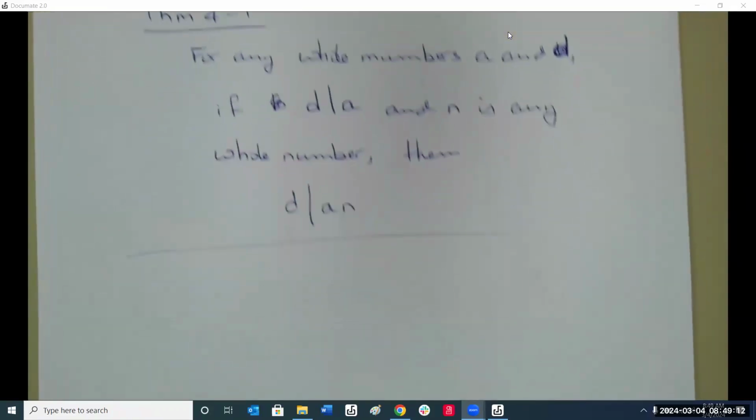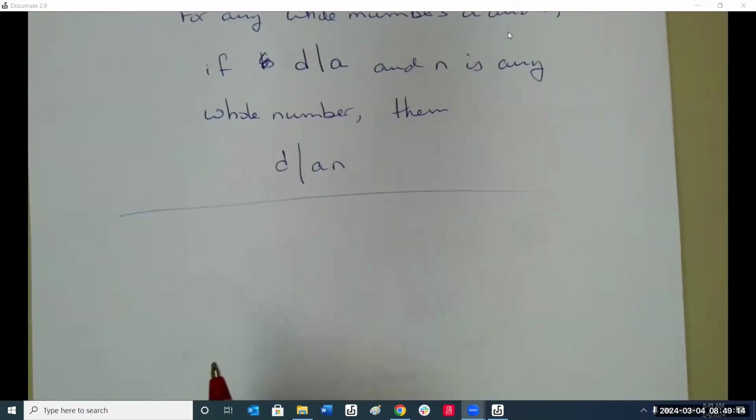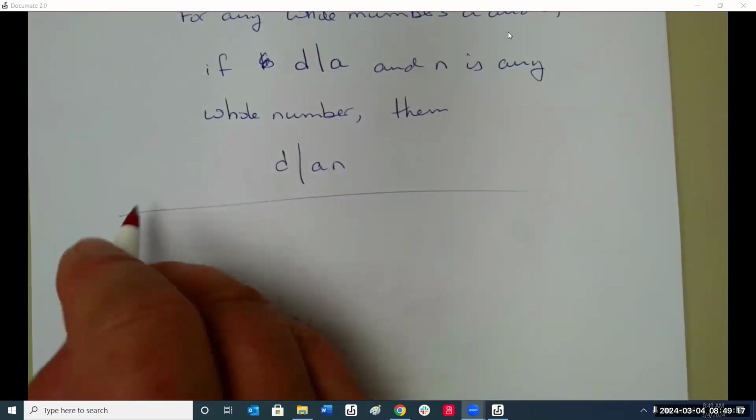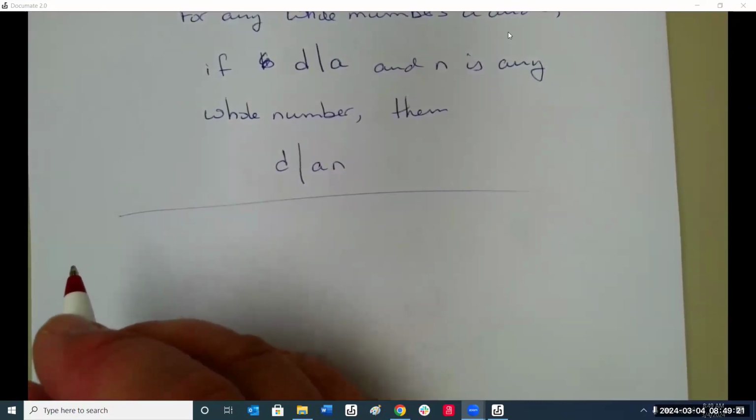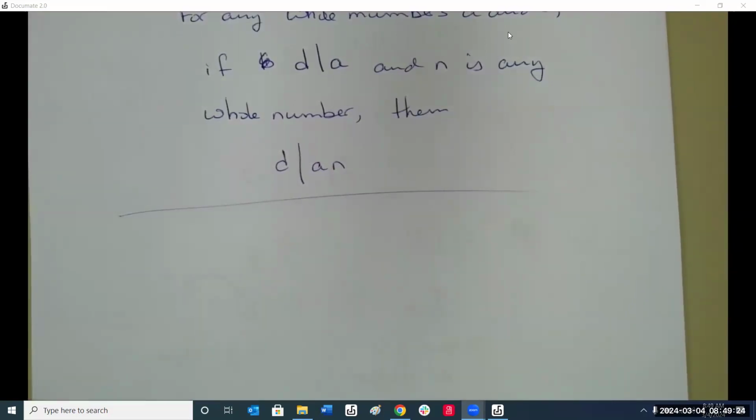Another important factor is the next theorem, 4-2, because it gives us a whole bunch of different properties that we have to live by.